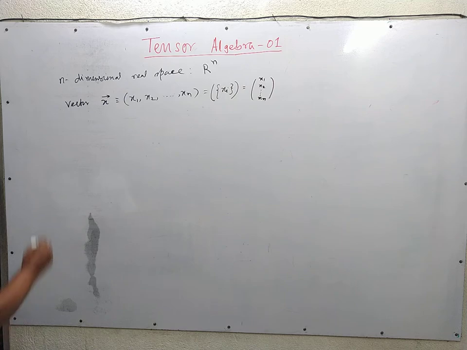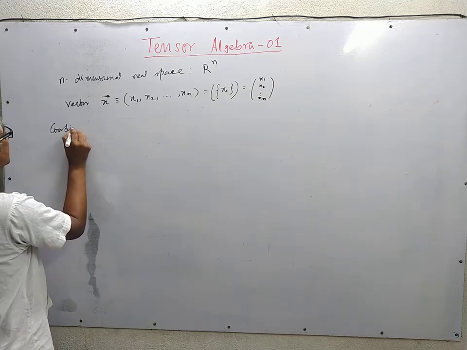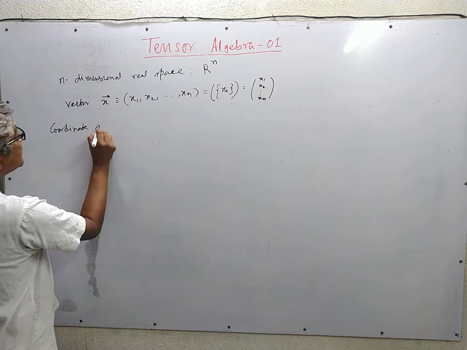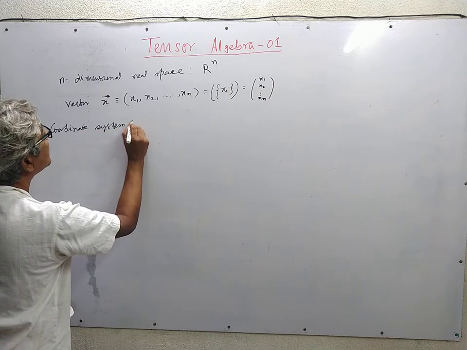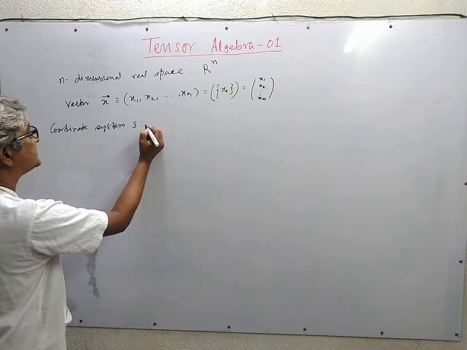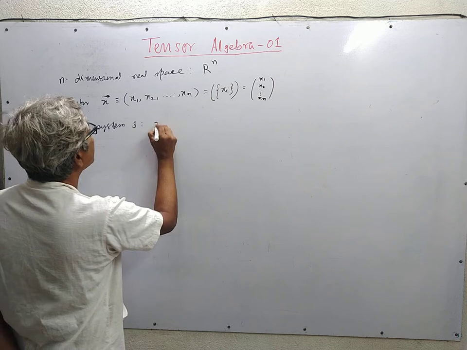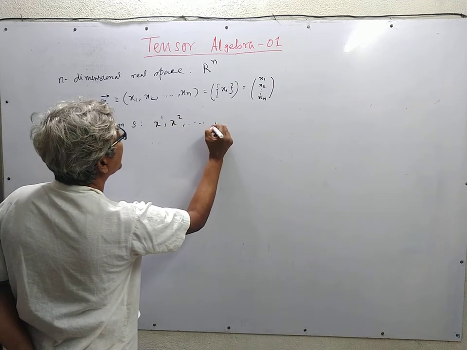Then, to define this n-dimensional space, we introduce a coordinate system S, with axes x1, x2 up to xn.